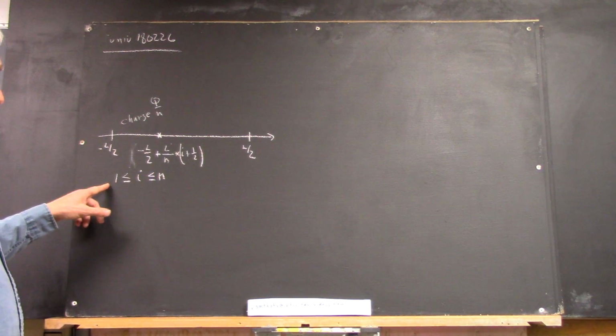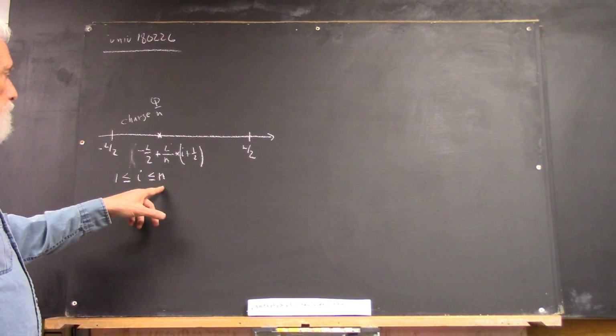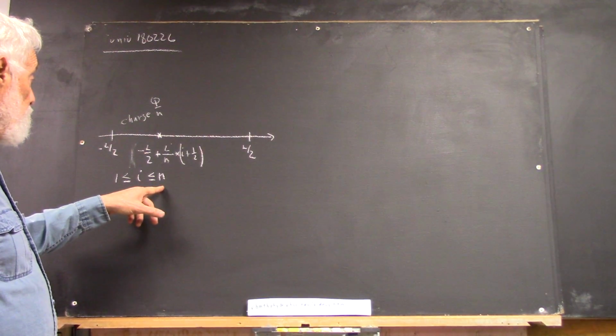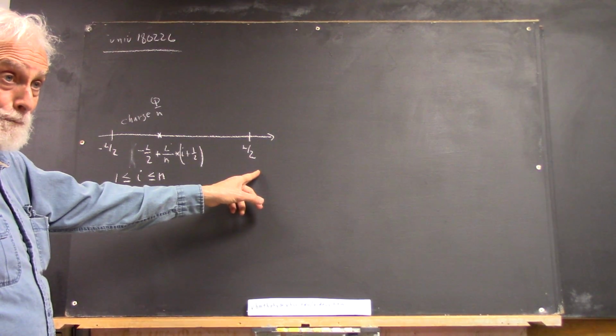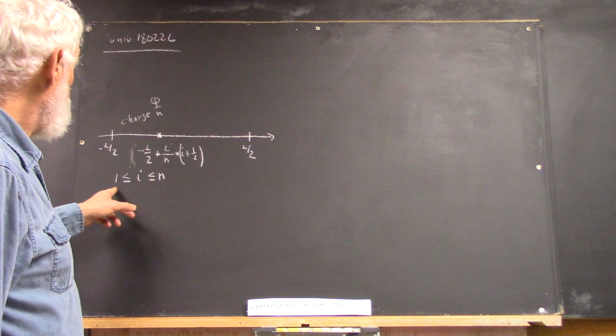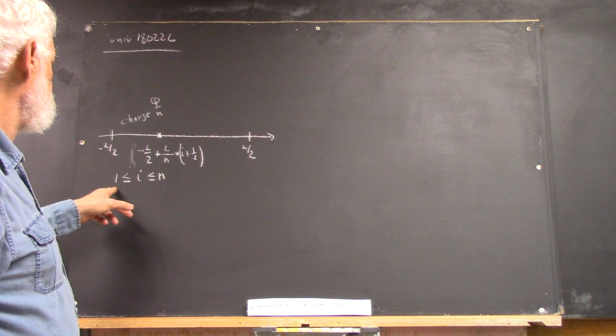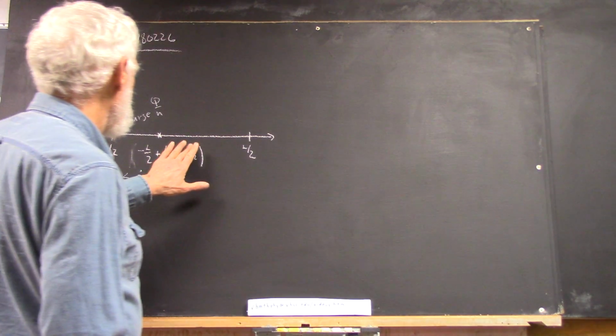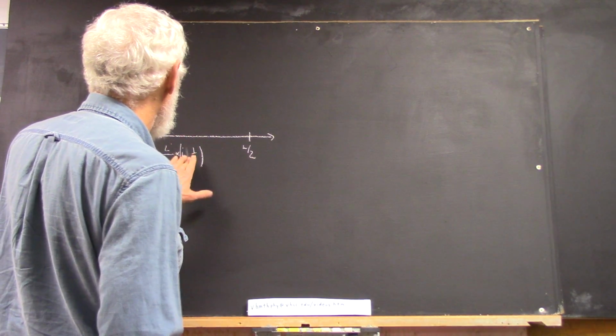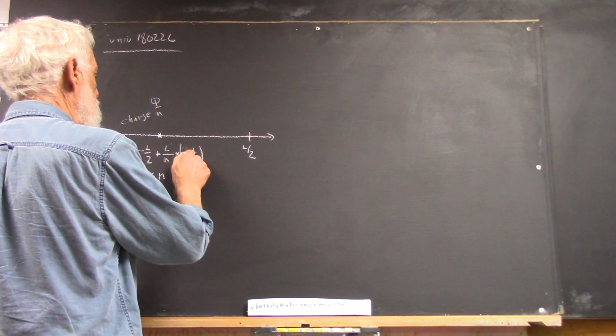Okay? So, if i is less than or equal to n, then it's really easy to see that this is less than or equal to L over 2. Right? If i is equal to 1, I'm going to change that expression. Again, it doesn't make a huge difference, but it should have been i minus 1/2.